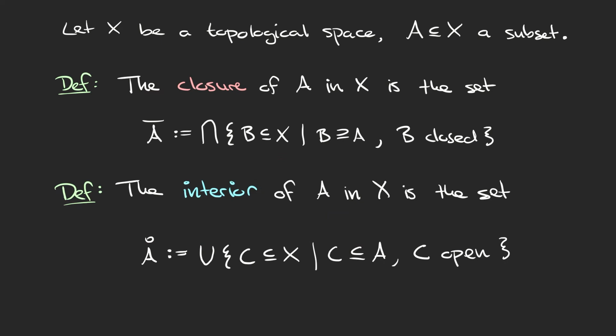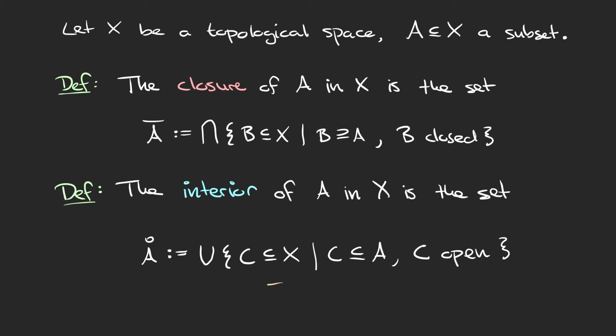In a similar way, we can also derive an open set from an arbitrary subset A as follows. So we define the interior of A in X as the set A with a little circle on top, and we kind of do the dual to what we did before. So we take the union over all subsets C of X that are contained in A and that are open.